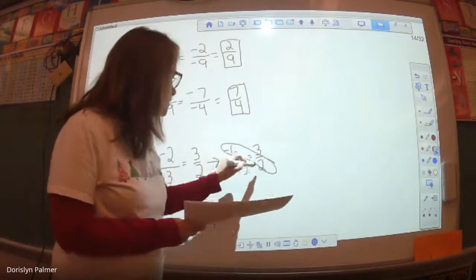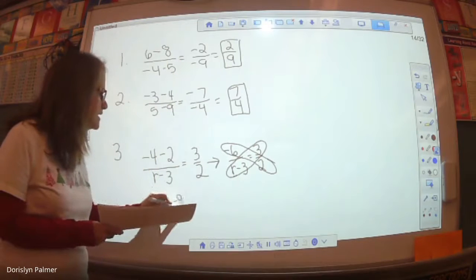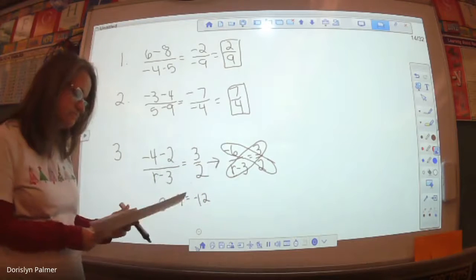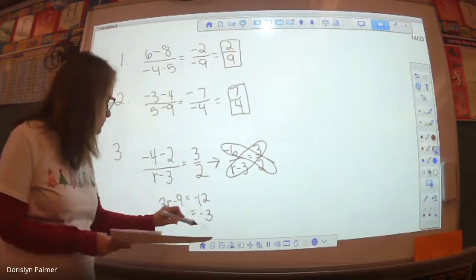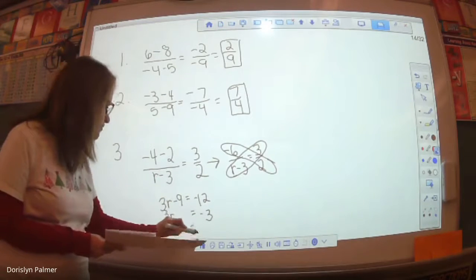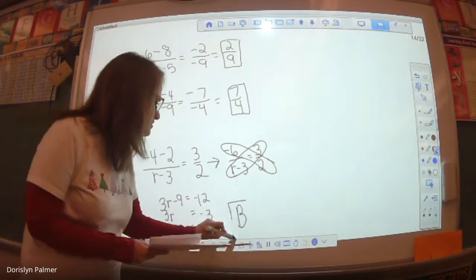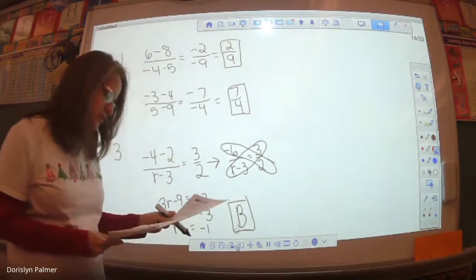And this is where we cross multiply. 3r minus 9 equals -12. I'm going to add 9 to both sides. So 3r equals -3. Divide by 3, r equals -1, which was b.